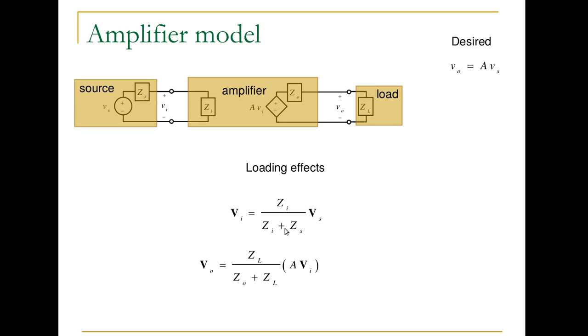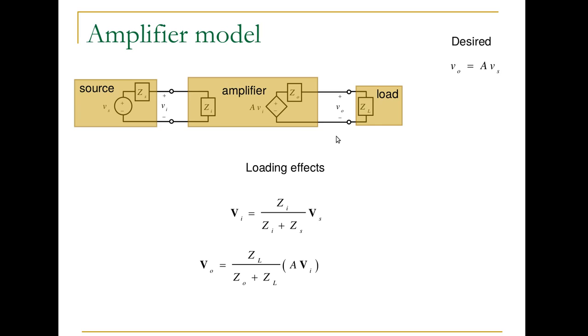What the amplifier actually sees is this ratio, Zi over Zi plus Zs times Vs. So you can see if we have a high output impedance on our transducer, say, on our source, then Vi is going to be a lot smaller than Vs. But if the amplifier has a really big input impedance, then that will negate the effect of the high output impedance from the source.